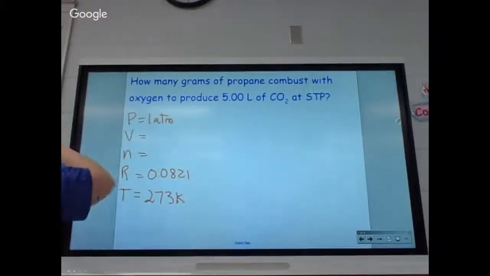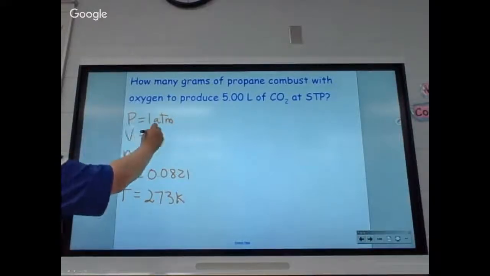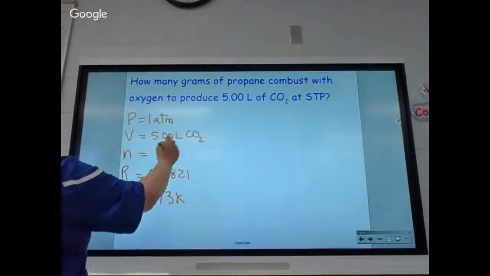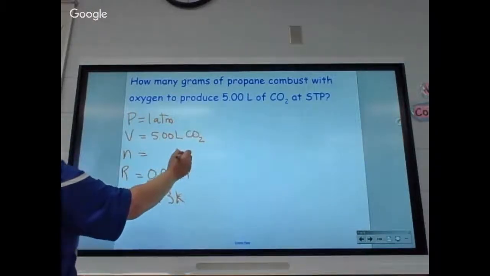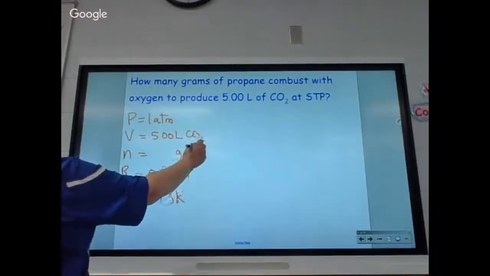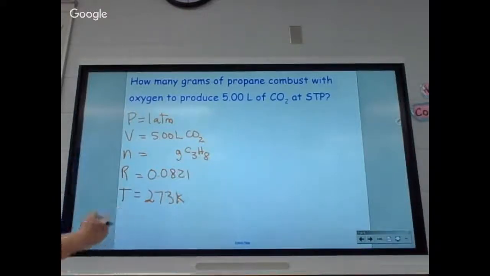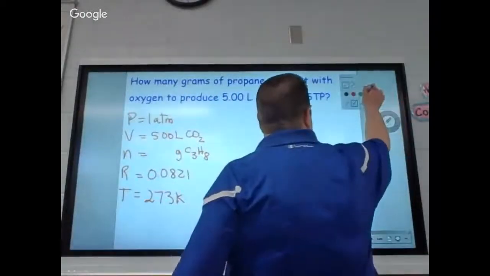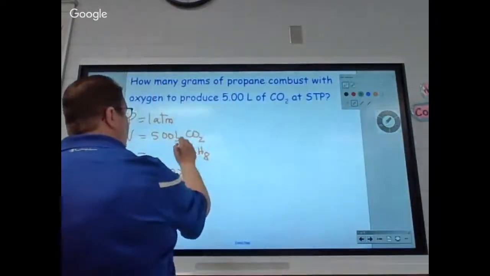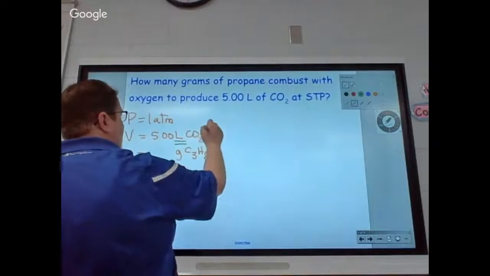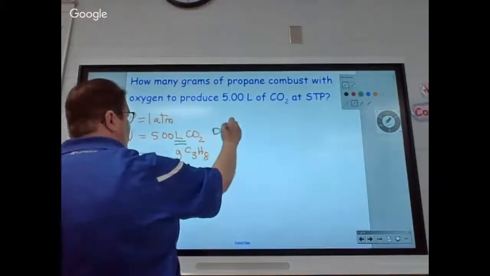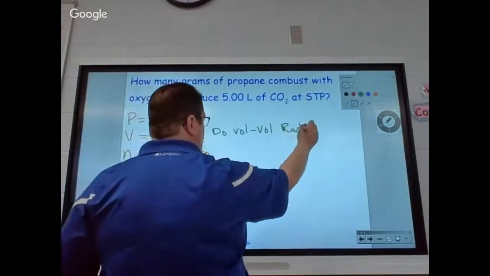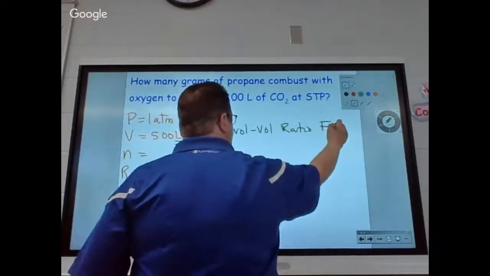So they gave us what in this question? They gave us 5 liters of what? And we want to find the grams of C3H8. I would have told you that in the question because I don't ever want you to have to figure that out yourself. Now, because the volume was given first, I'm going to do the volume ratio first.